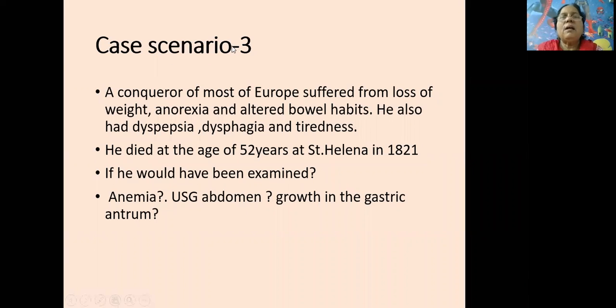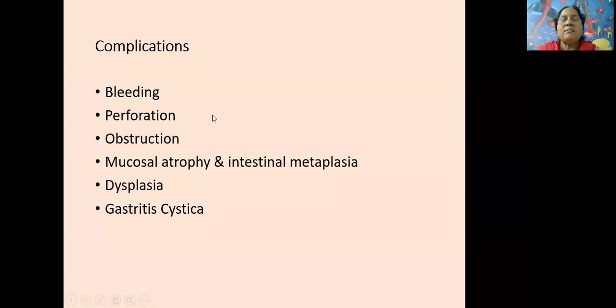This is a very interesting case. He is a conqueror. So what did we learn? Peptic ulcer disease can be in the duodenum or in the stomach, a sharp punched out ulcer. The etiologic factors are similar to the gastritis factors, and an imbalance between the protective forces and the injurious agents leads to peptic ulcer disease.